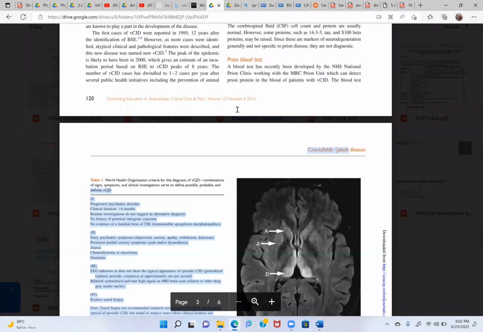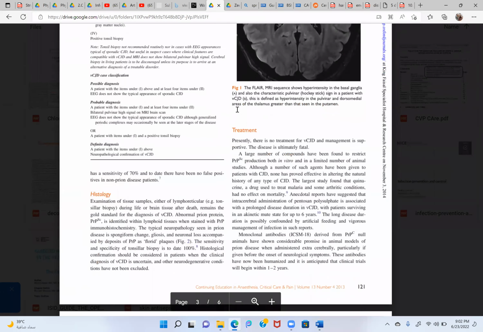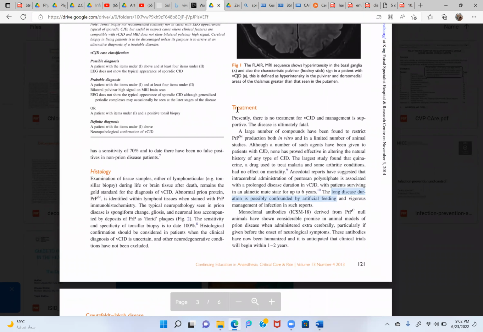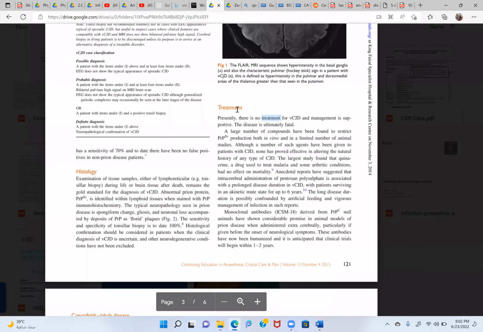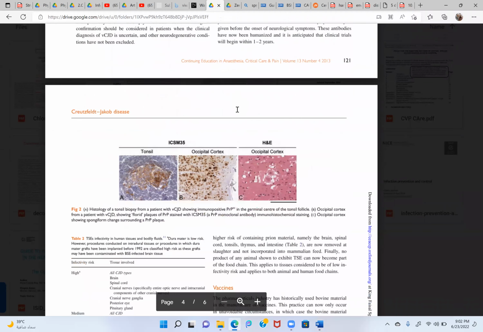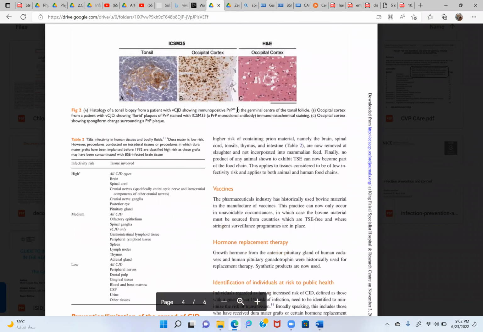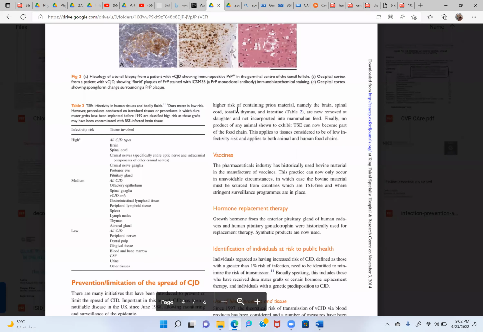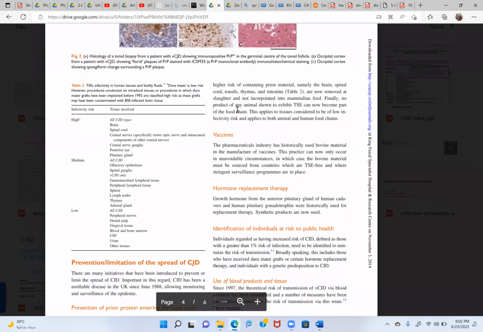Treatment: what sort of disease is it? No treatment. The story is finished. When there is no treatment, there is still some way to prevent it.